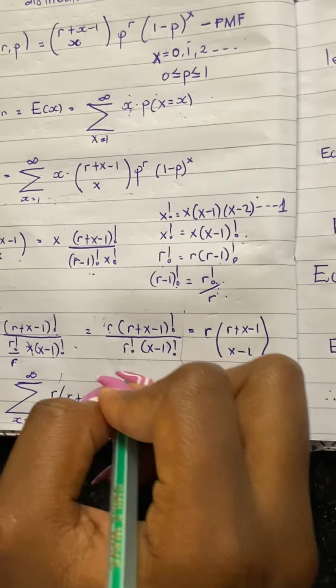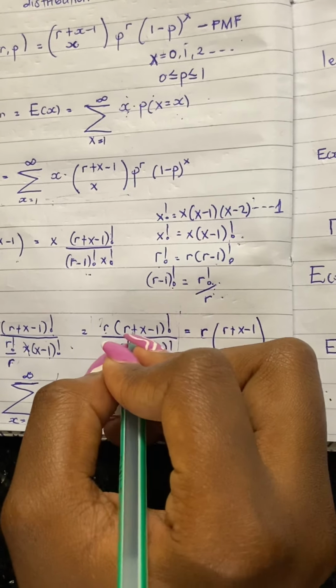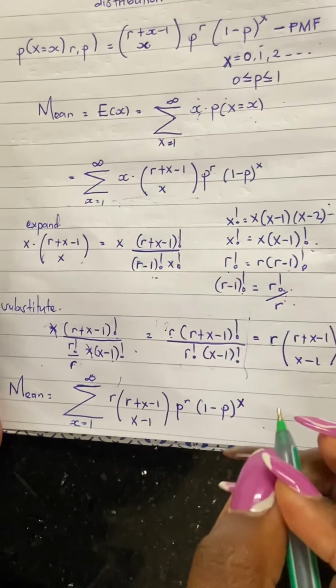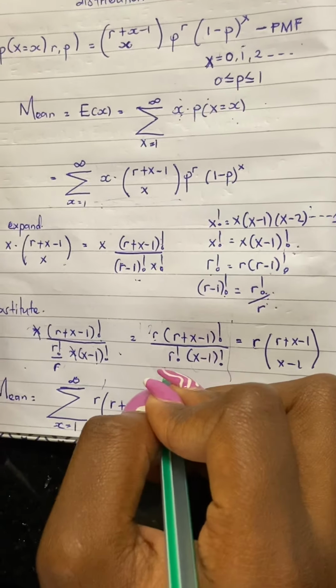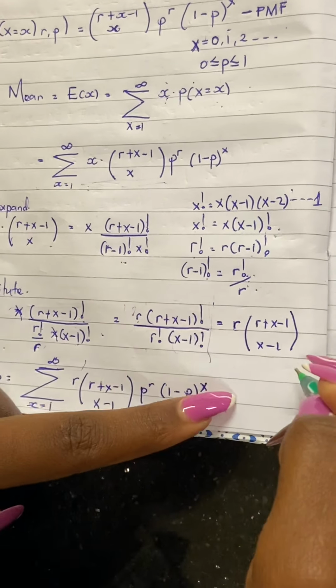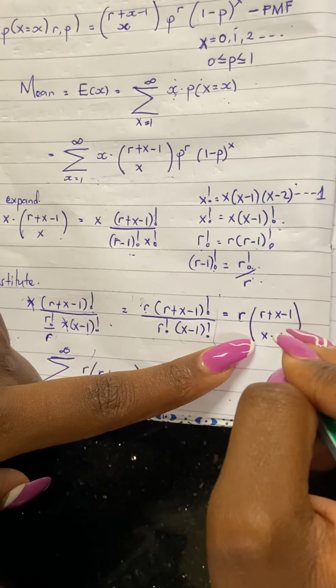Because when we subtract r plus x minus 1 minus r, we're going to get x minus 1.